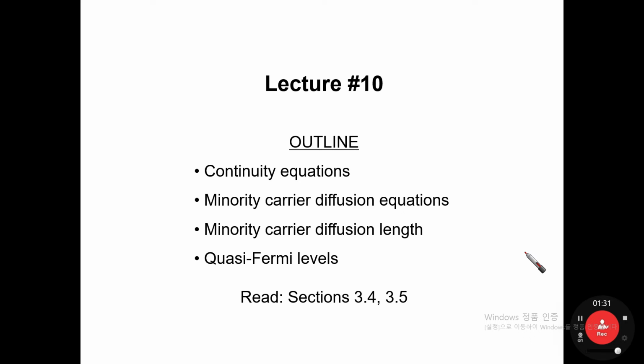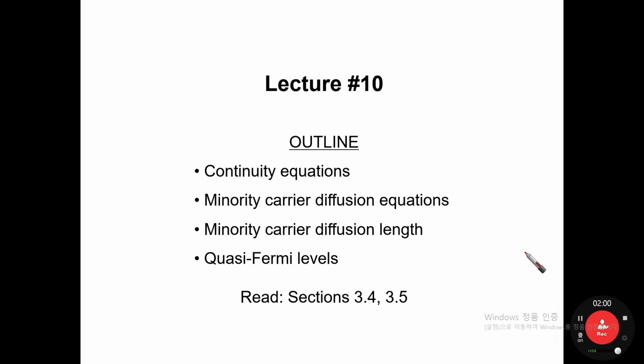Okay, so the minority carrier diffusion equation is the key in explaining how the current is flowing in a PN junction diode. Afterwards, we're going to figure out a new physical concept named minority carrier diffusion length, which will be included in the minority carrier diffusion equation.